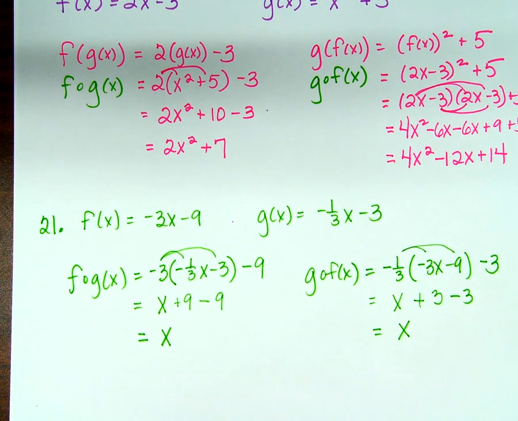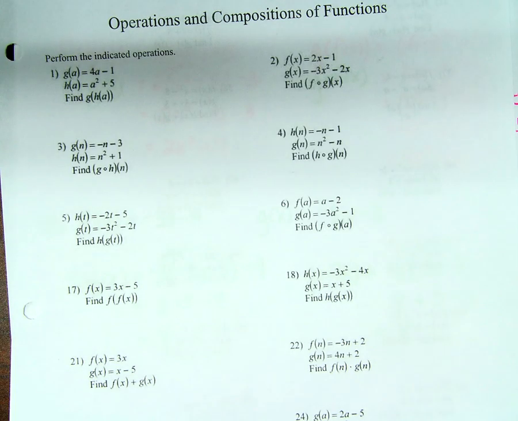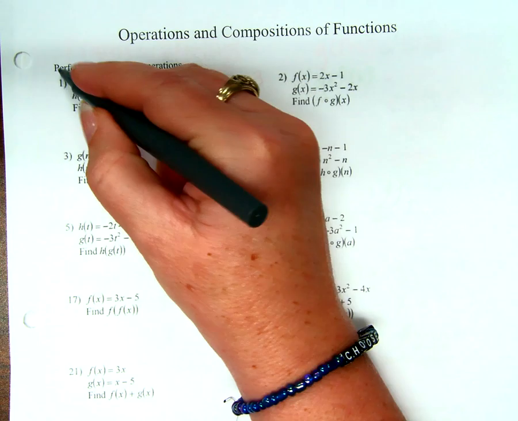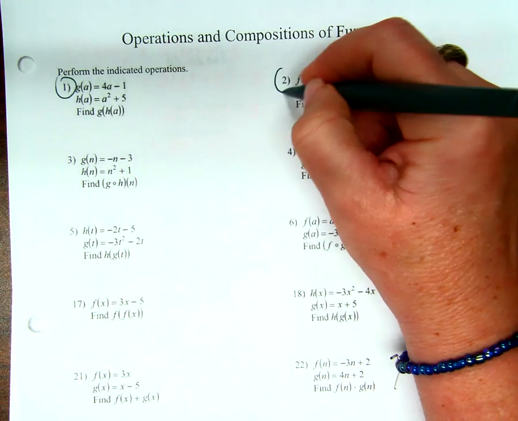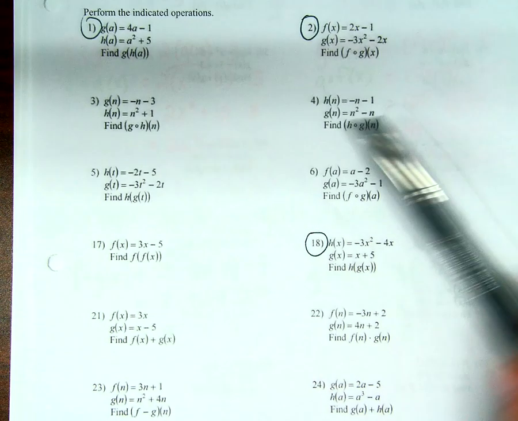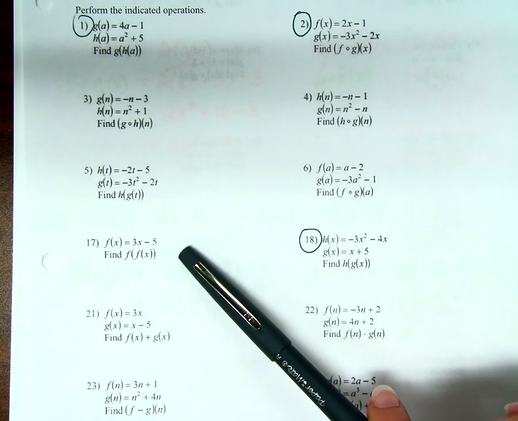On the worksheet I just handed you, did everybody get one? Please circle the following numbers. Number 1. Number 2. Number 18. Please don't freak out that it goes 1, 2, 3, 4, 5, 6, 17.